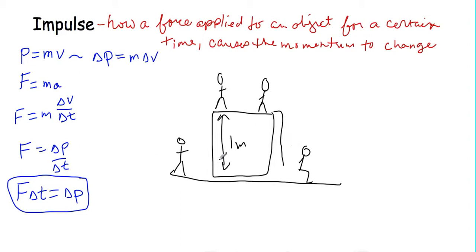And the question is, how are these different? I'm sure many of you have done something like that, where you jump from maybe a couple stairs down. And what you probably notice is this has a little bit of pain. Not a lot, but just a little more painful than what this is. And the reason is because of this right here. Bending your knees increases the time.